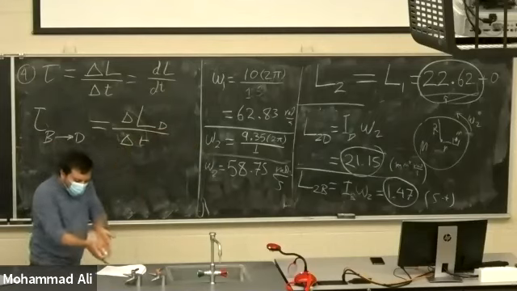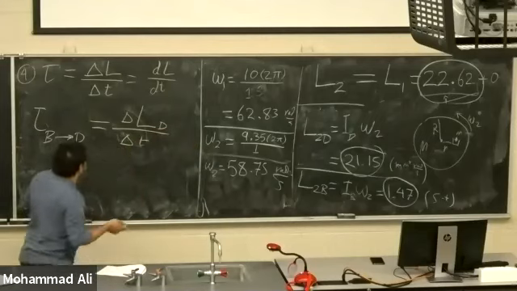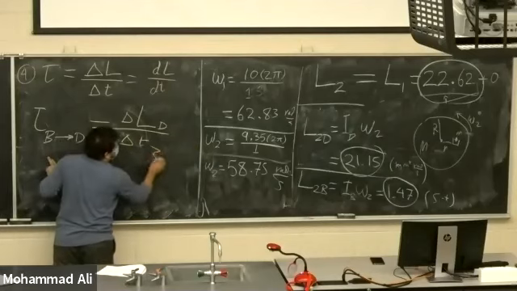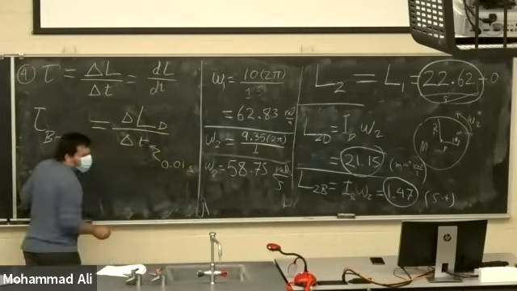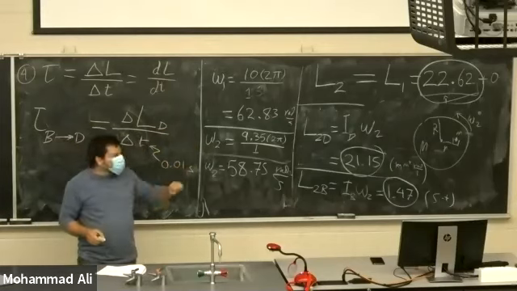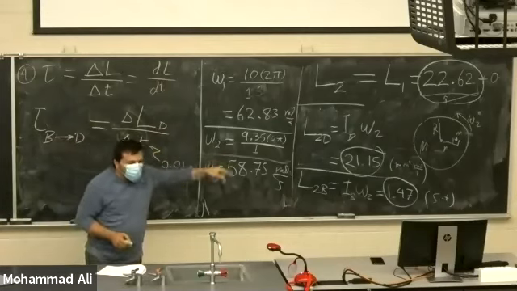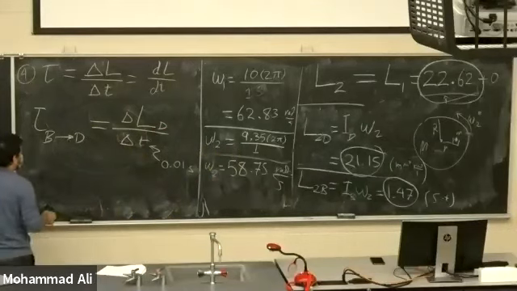Now I gave you the time in that branch, which is delta T. I think it is equal to 0.01 second. In 0.01 of a second, the ball jumped in that hole.